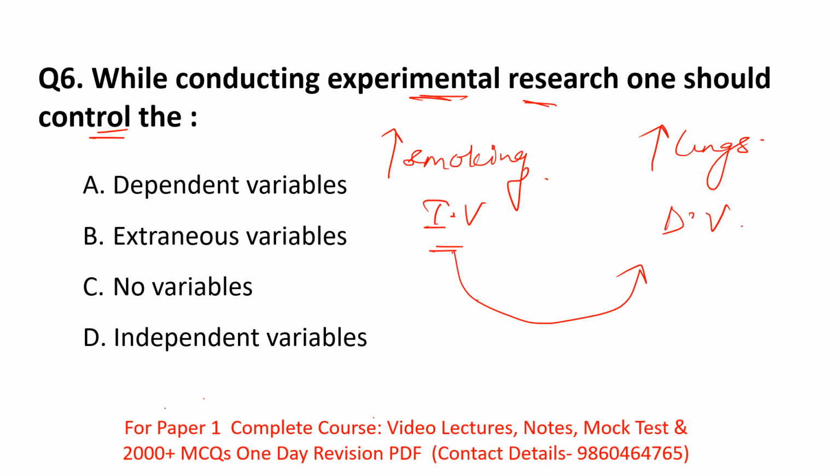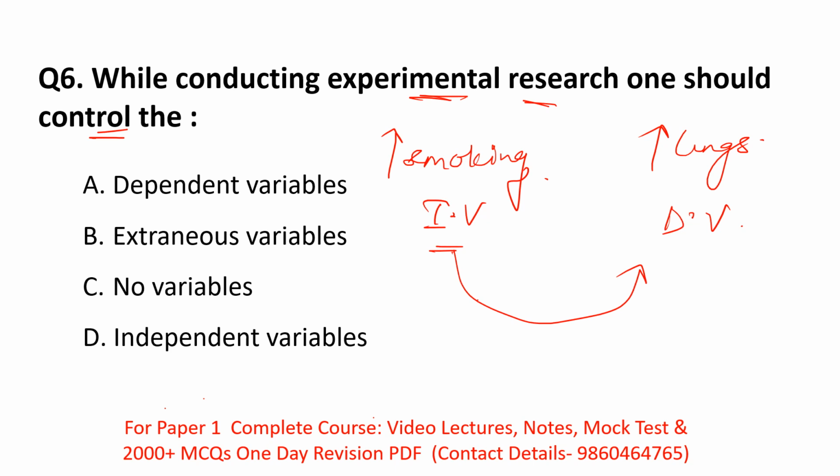If you are smoking daily, your lungs start damaging. Basically in experimental research, the researcher performs the research to see how independent and dependent variables are related, how the independent variable is affecting and causing change in the dependent variable.